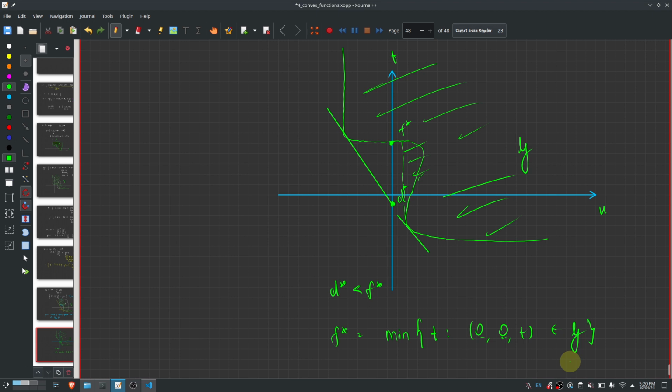So the highest intercept that you can have for any supporting hyperplane of this particular set gives you D star. And if F star is greater than D star, then you get a duality gap. You have strong duality if F star is equal to D star.